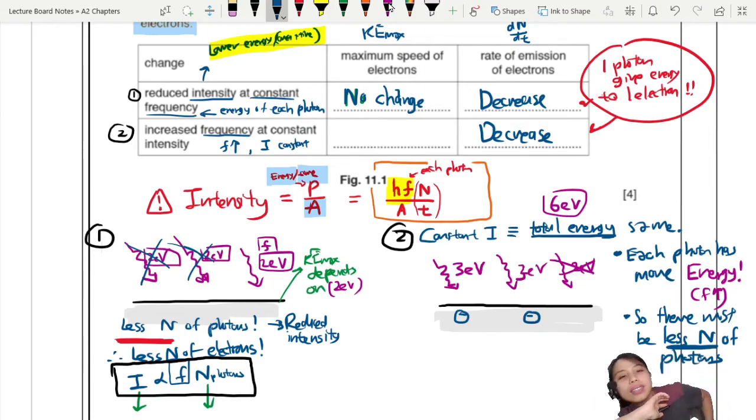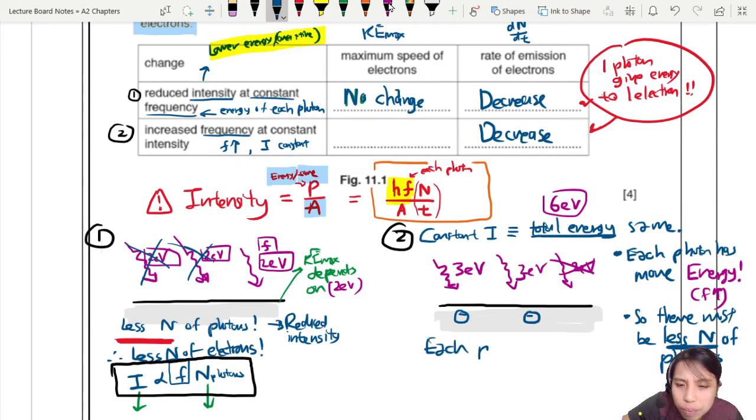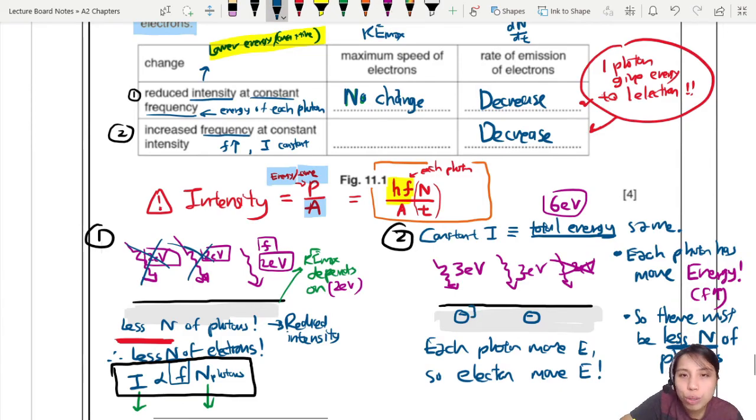Okay, what next? Frequency. Each photon has more energy, so the electron will have more energy also. Maybe if they use up a little bit to go to the surface, they'll still have more energy when they come out.